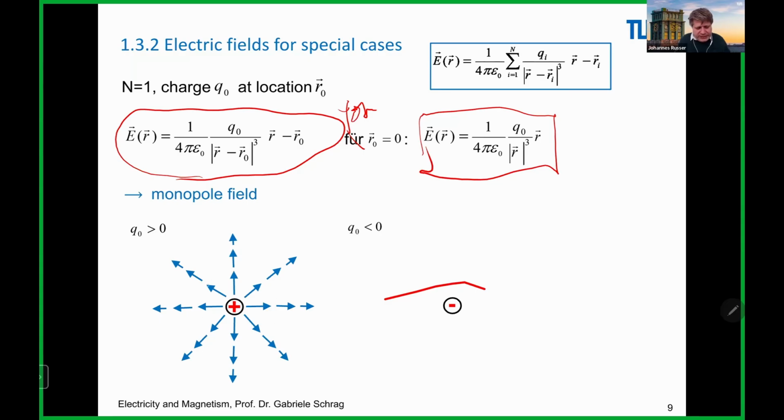So there's only a selected number drawn around that positive charge. And as you go further away, the vectors become smaller. That means the magnitude of the electric field is decaying by 1 over r squared.